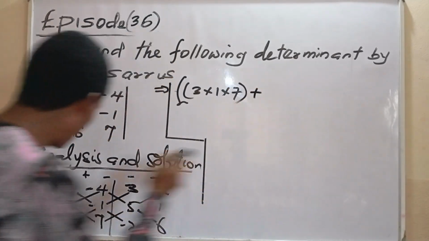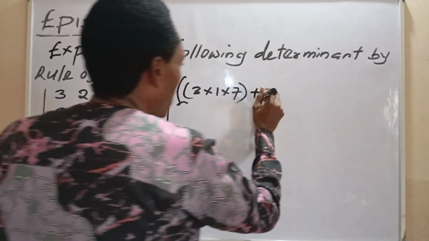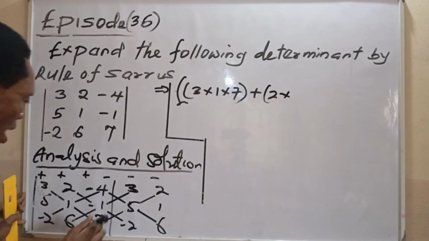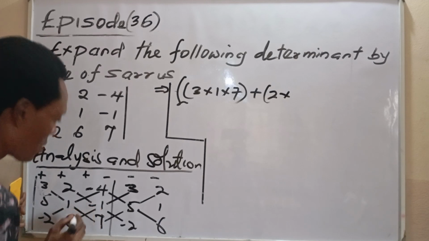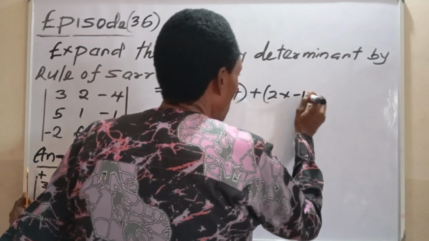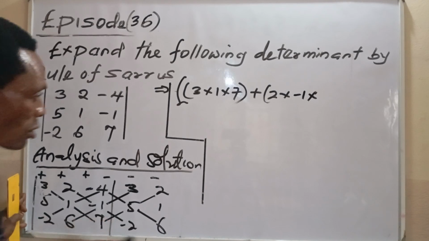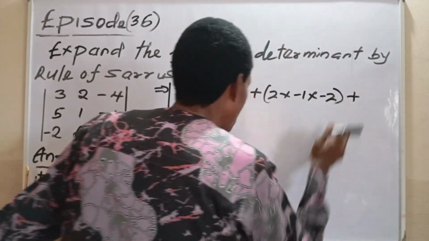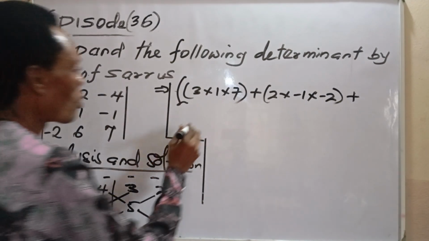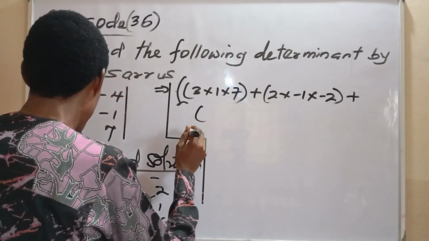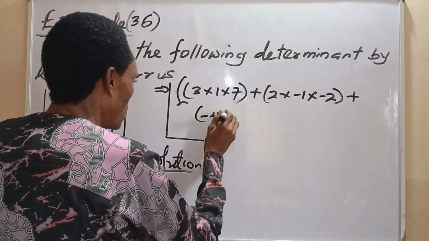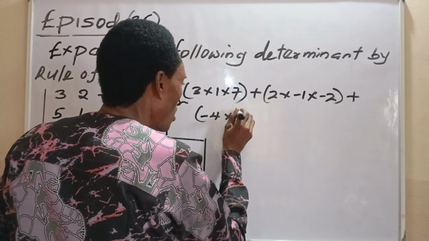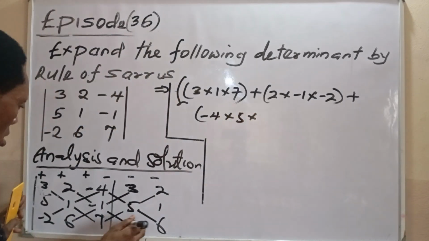Plus, open bracket, 2 times minus 1 times minus 2, and close it. Plus, open bracket, minus 4 times 5 times 6.